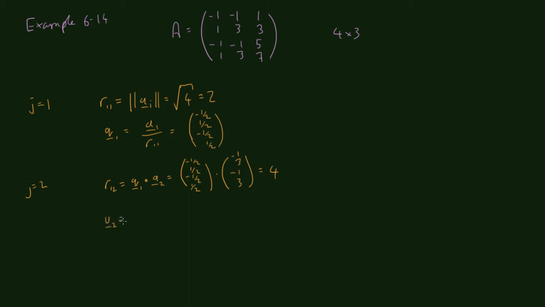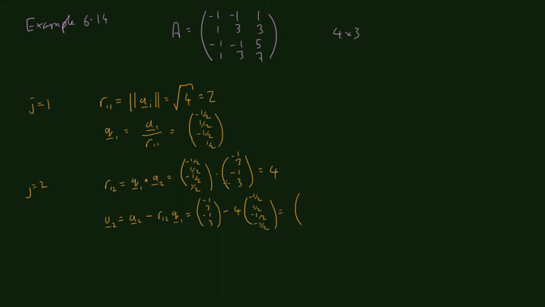So U2 is equal to A2, now this is that Schmidt step, minus R12 multiplied by Q1. So A2 is minus 1, 3, minus 1, 3, minus R12 is 4, and that's multiplied by Q1, which is minus a half, a half, minus a half, and a half.